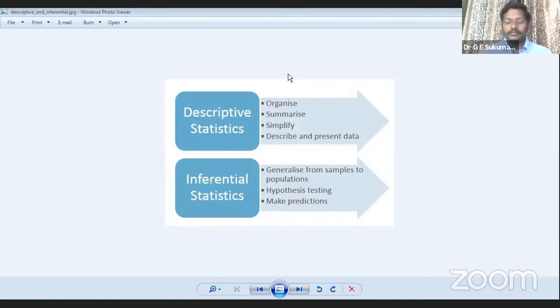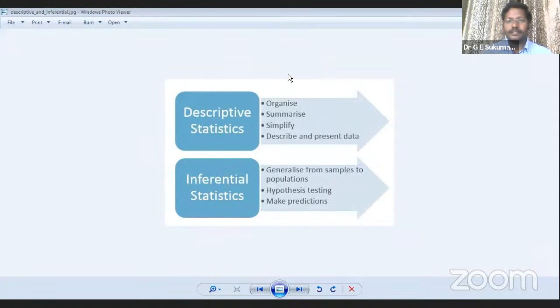So when I take a sample, descriptive statistics explains that. And with inferential statistics, based on the measures I'm getting from representative samples, I can make inferences about the total population. This is called generalizing from sample to population.